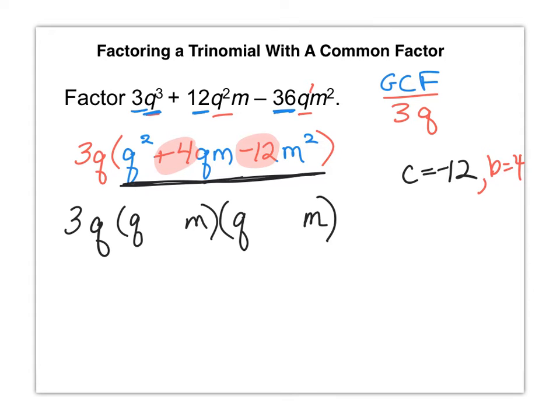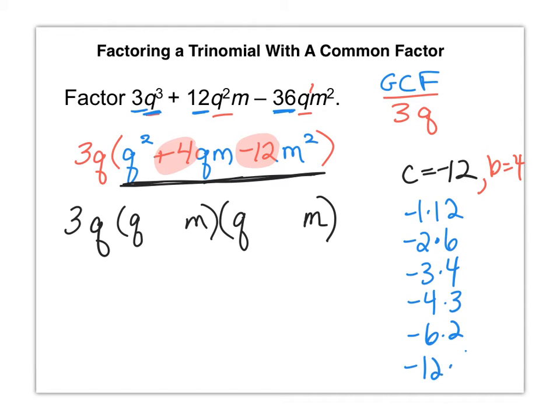Negative 12 can be written as negative 1 times a positive 12, negative 2 times a positive 6, negative 3 times a positive 4, negative 4 times a positive 3, negative 6 times positive 2, and finally negative 12 times positive 1. And we want to find the pair of these factors that will add up to a positive 4.